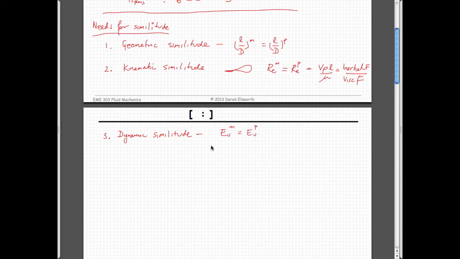We'll do a little example in a second just to reiterate that. So this would be for pipe flow, which is internal flow, or it could be for a wing flow and lift, which is an external flow.